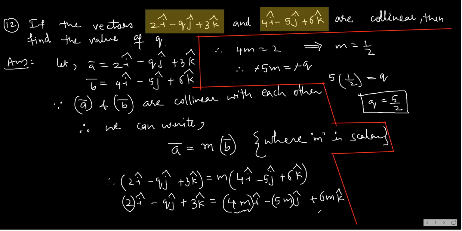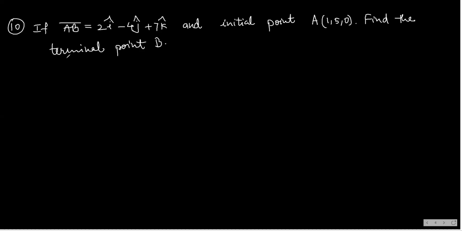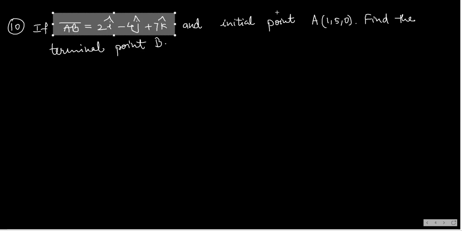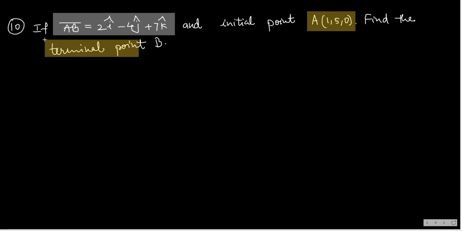Okay, please do this. Here in another question, this is question number 10 from the same exercise. We are given the vector AB bar. The initial point of the vector, which is A, its coordinates are given, but the terminal point B coordinates are unknown, that we need to find.